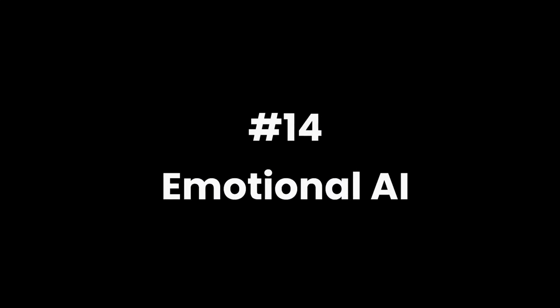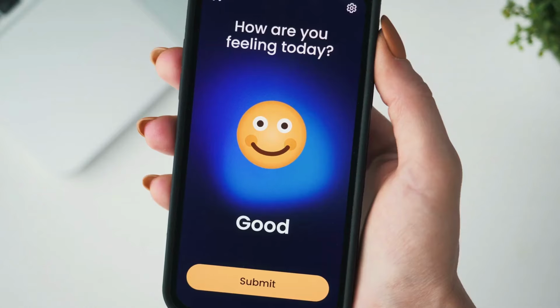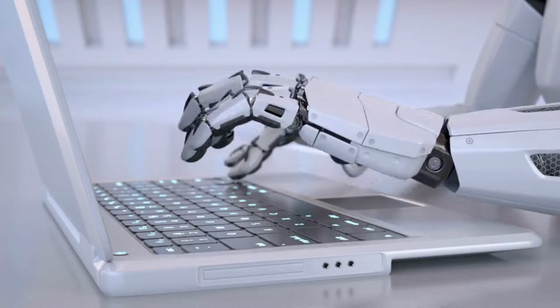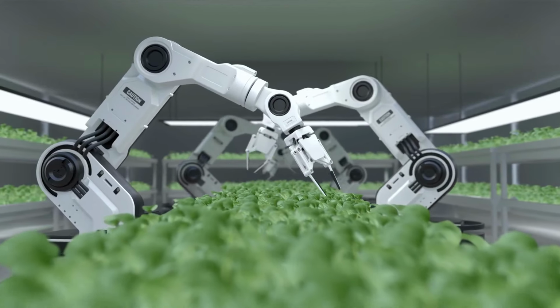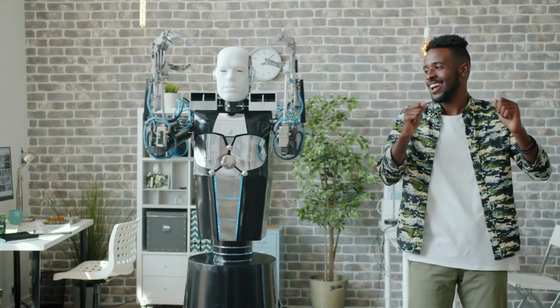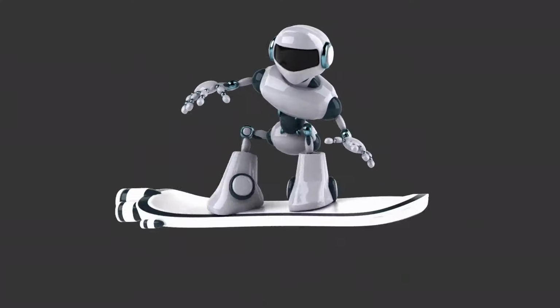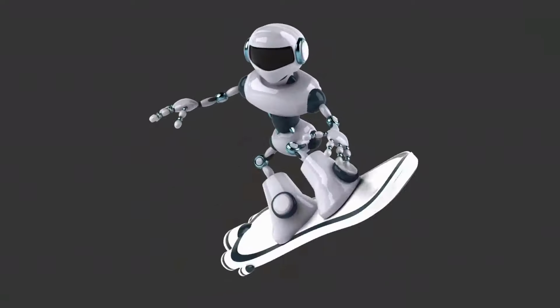14. Emotional AI. Emotional AI, or affective computing, refers to machines that can recognize, interpret, and even simulate human emotions. These systems can analyze facial expressions, voice tones, and physiological signals to gauge a person's emotional state.